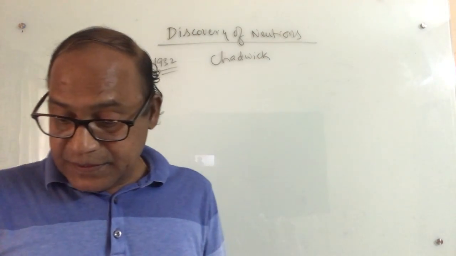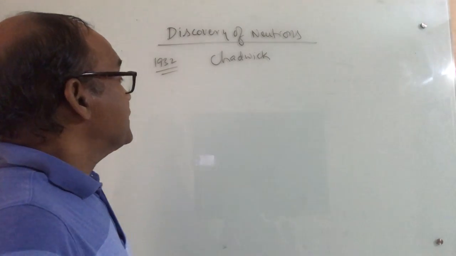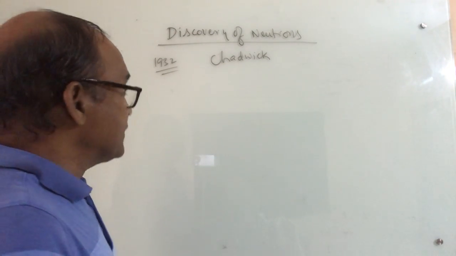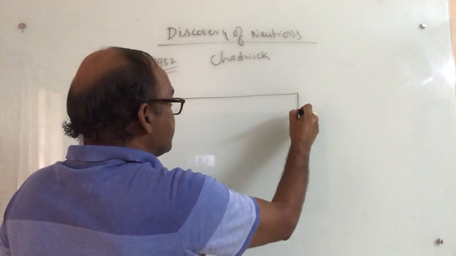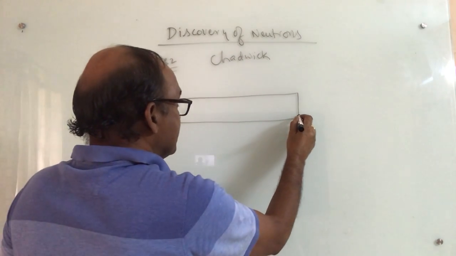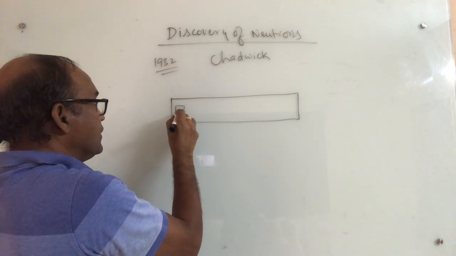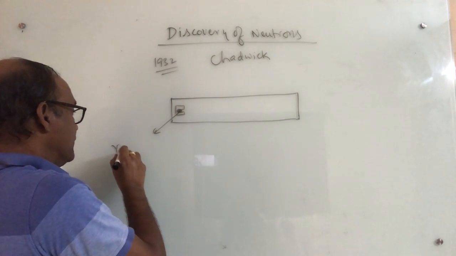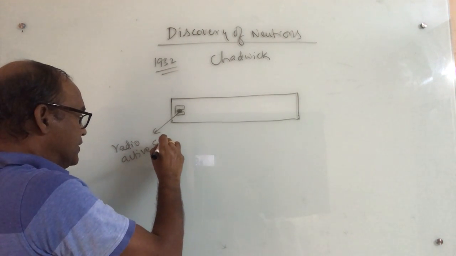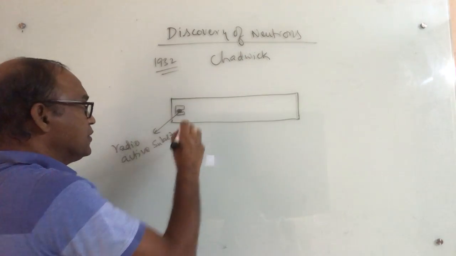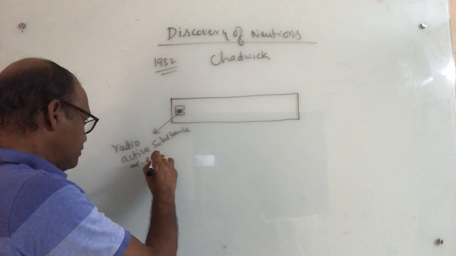His experimental setup was quite different. This is from the nuclear bombardment process, taking the experimental setup like this. Here a wooden box is placed in which the radioactive substance is placed, an alpha emitter.